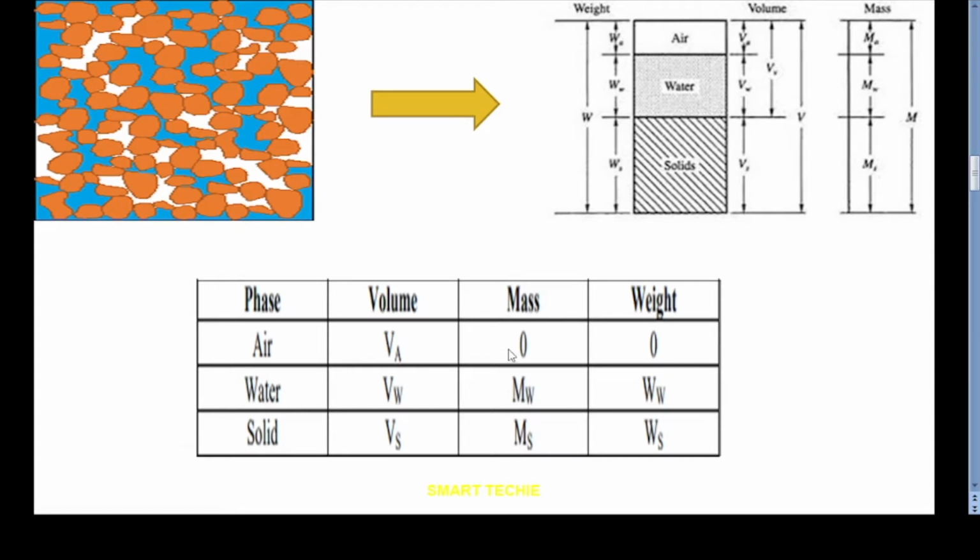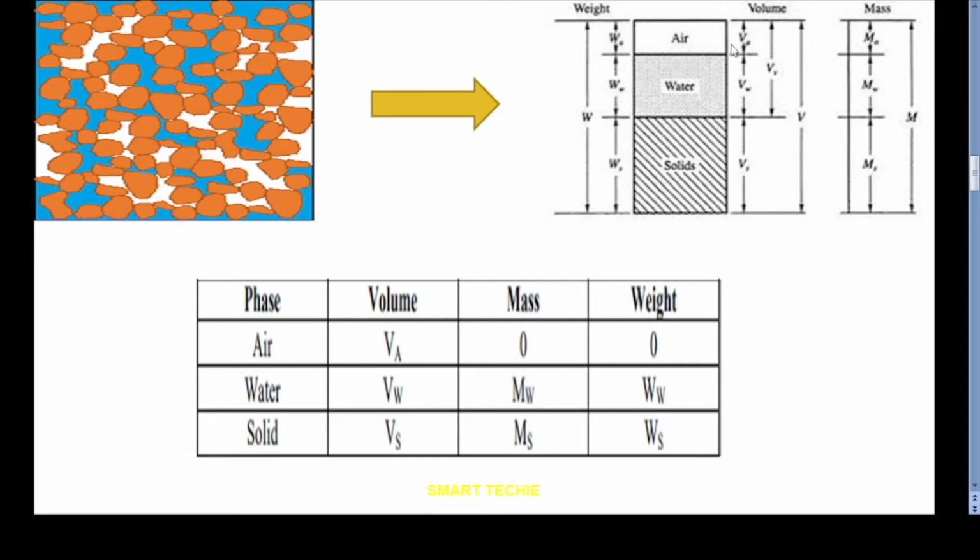Mass of air is nothing but 0 and weight of air is also 0. We have volume of water which is denoted by letter Vw, mass of water Mw and weight of water Ww. Volume of solid is Vs, mass of solid is Ms and weight of solid is denoted by the letter Ws.